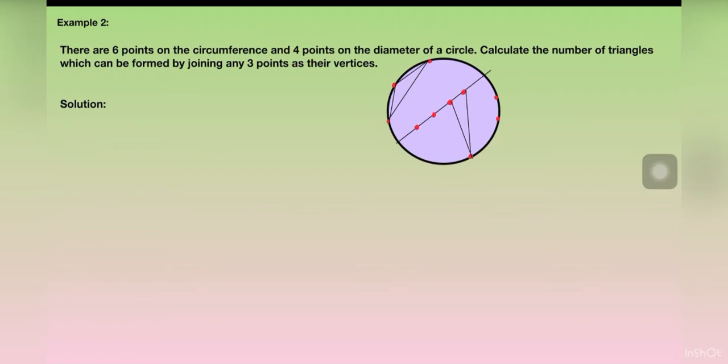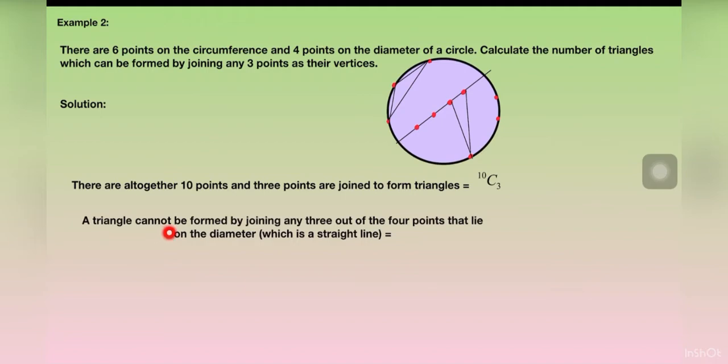If we join any 3 points, it will form a triangle, as these points will be the vertices of the triangle. Altogether, we will have 10 points, and 3 points are joined to form a triangle. So we have 10C3.